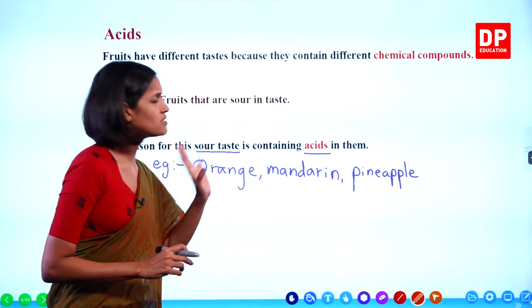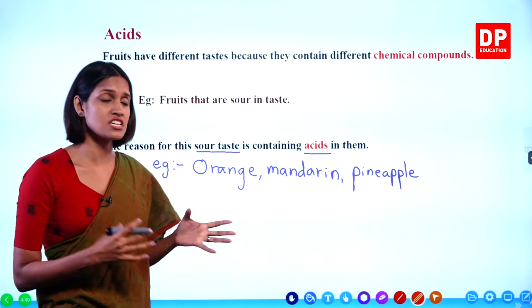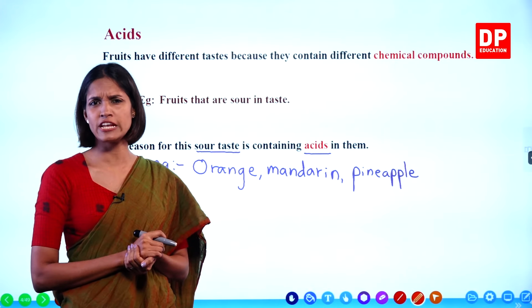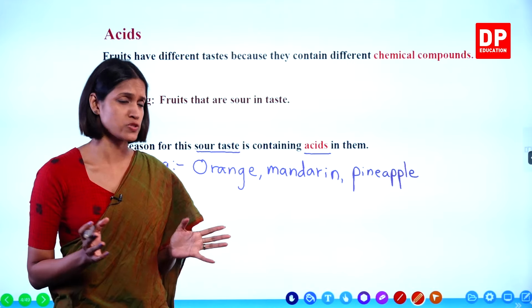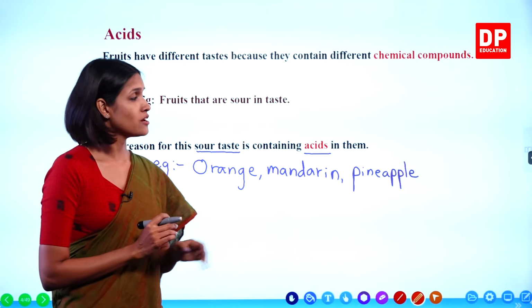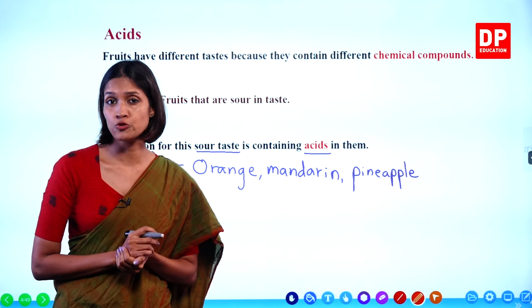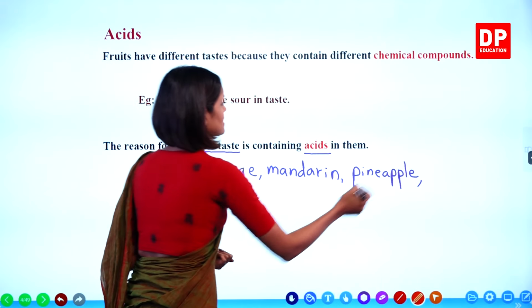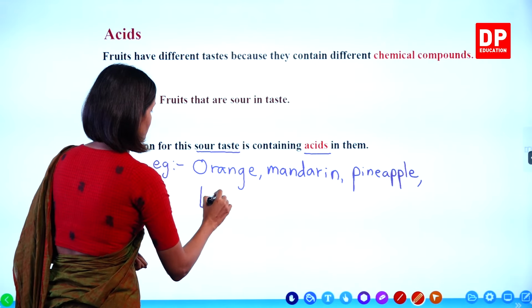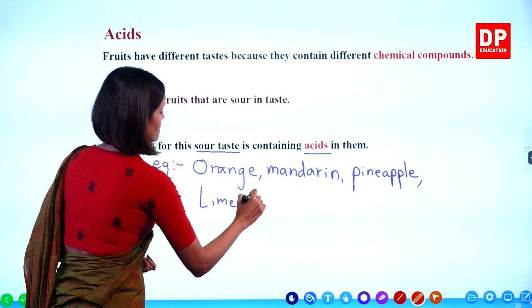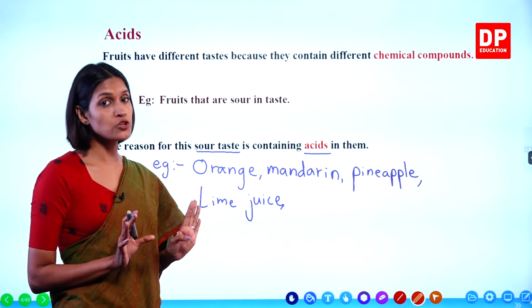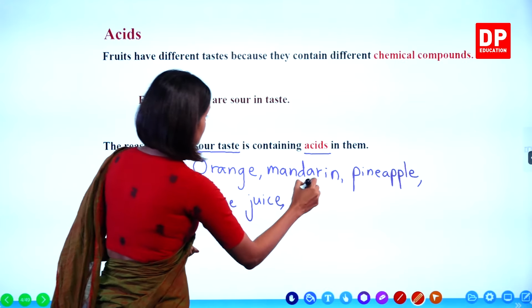What are the other acidic substances, so sour substances with sour taste that we use in our day-to-day life? What about lime juice? Lime is also a type of fruit, but most of the time we use lime juice when we cook food. So lime juice, and vinegar is also an acidic substance.